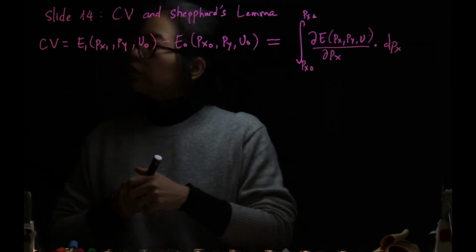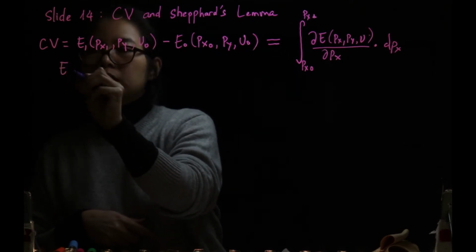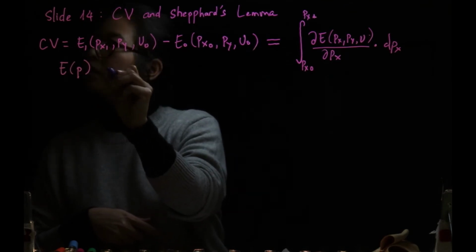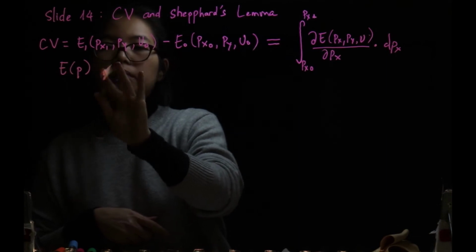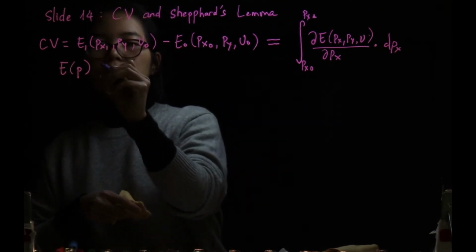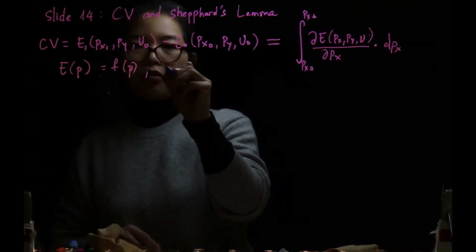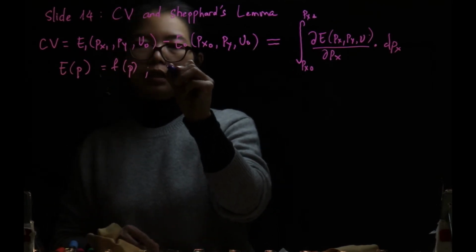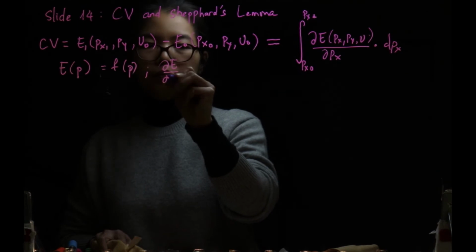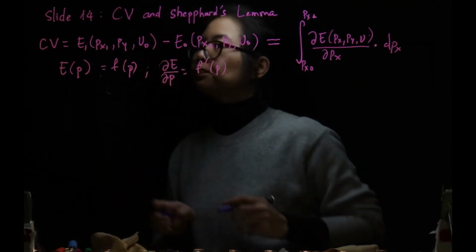Imagine we have a function e of a variable p, let's say equal f(p), and then we have its derivative, which is the derivative of e with respect to p, equals f prime(p), right?